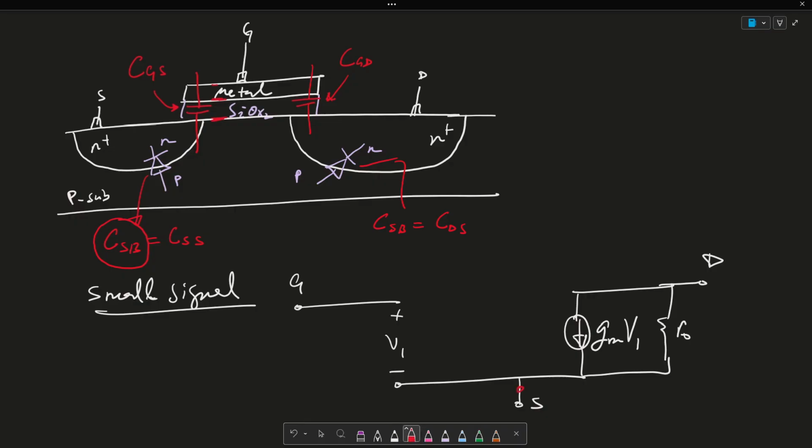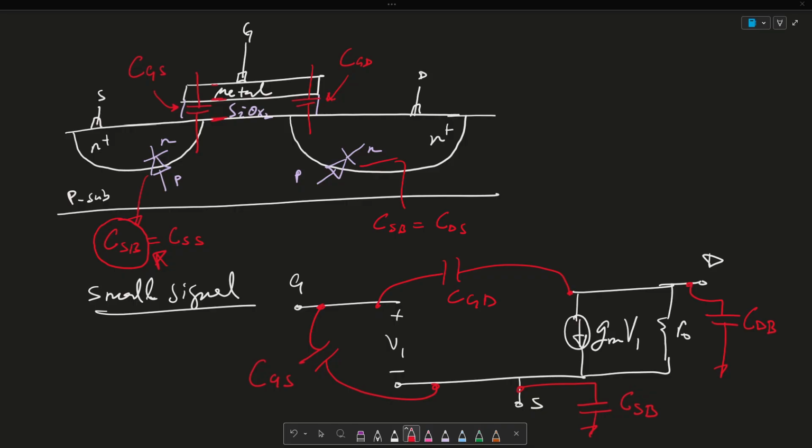At the source, I have this parasitic capacitor, so this is CSB. Over here, we get CDB. Over here, we get C gate to source. And over here, we get CGD. So this is the relatively complete high frequency model for the MOSFET.